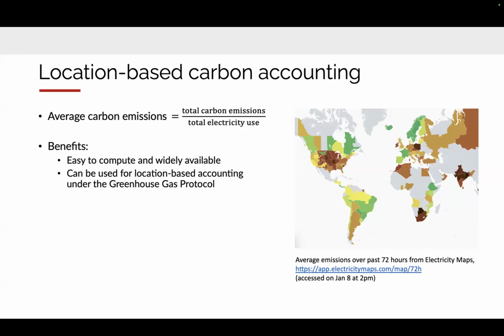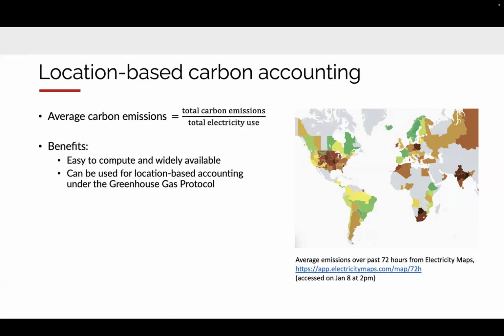So you have the markets in the US, you have the markets in Europe, which are zonal. I don't know exactly how the market in India works, but you can see there's an intention here to make it as spatially granular as possible. Essentially, the way this is computed is by looking at the grid emissions from generation and then dividing by the total electricity use.